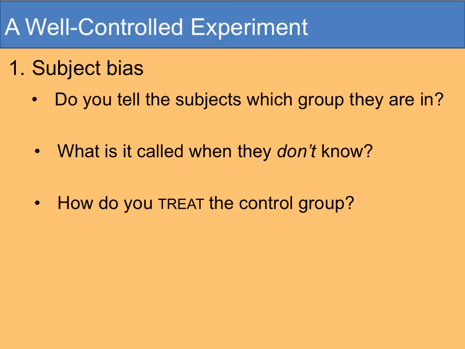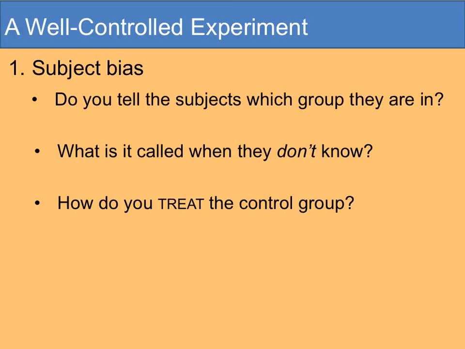So, do you tell the subjects which group they're in? No. What is it called when they don't know? Blind. How do you treat the control group? The same, or let's say you don't give them the drug? The same. Because you want to control for the placebo effect.